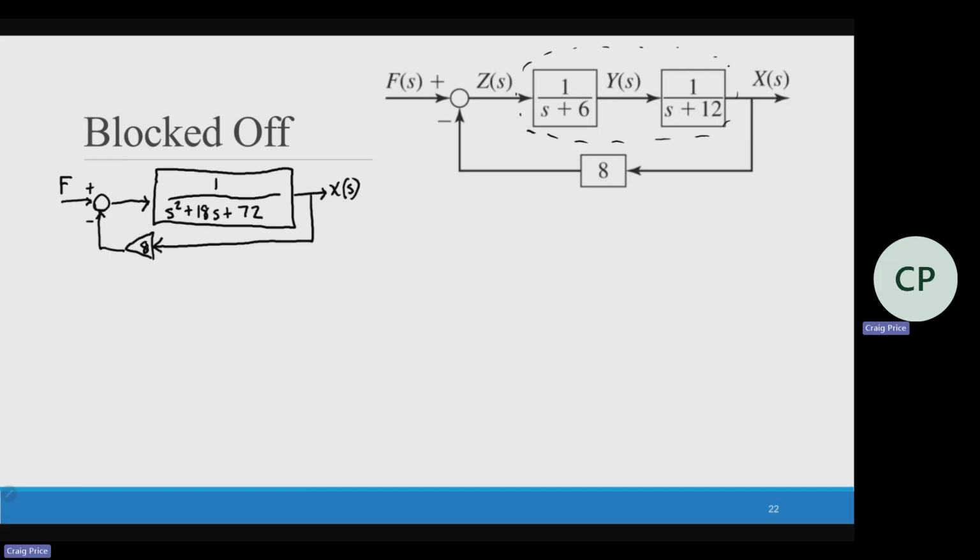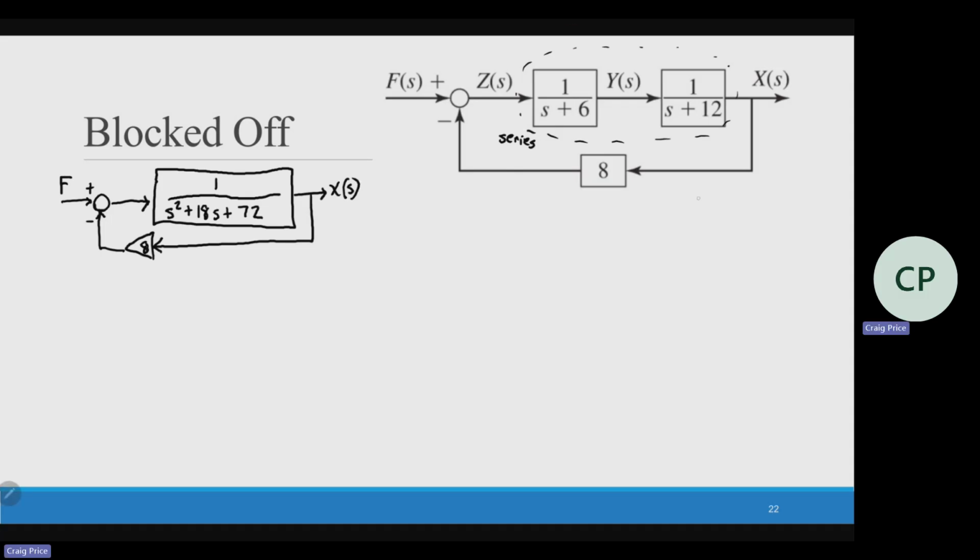But anytime I've got 2 transfer functions in series, I can just multiply them together. Now I've got the feedback loop. Now, we just went over what happens if I have a transfer function and a transfer function down below. You can combine those.